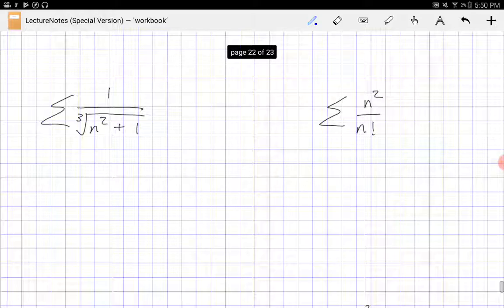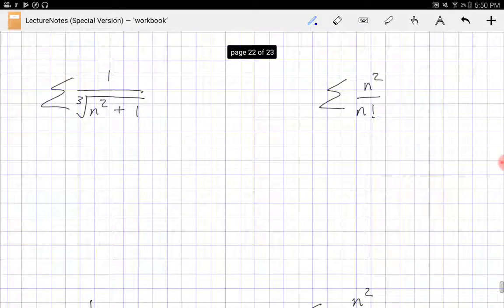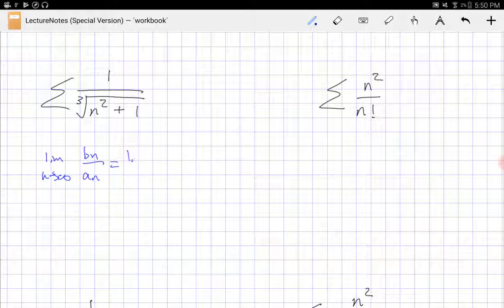When we encounter a polynomial, or a polynomial over a polynomial, usually we can use the limit comparison test, and the series we would compare it to would use the highest power of our numerator, which in this case is 1. Limit as n goes to infinity of bn over an. The highest power of our numerator is 1, and the highest power of our denominator is actually n to the power of 2 over 3, and 1 over n squared plus 1.